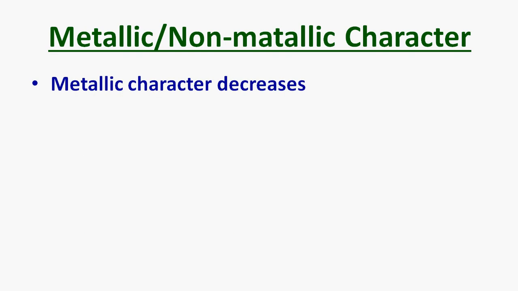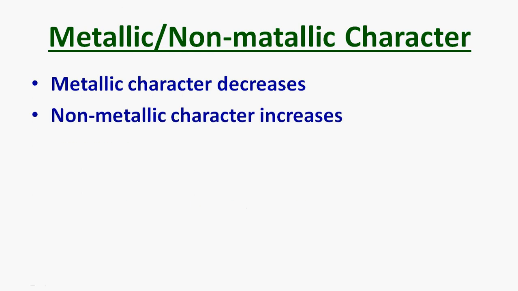The next property we have is the metallic and non-metallic character of the elements. On moving from left to right in a given period, the metallic character of elements gradually decreases, that is, it changes from metallic nature to metalloid, then to non-metallic nature, and finally the last element in the period is inert, that is the noble gas.